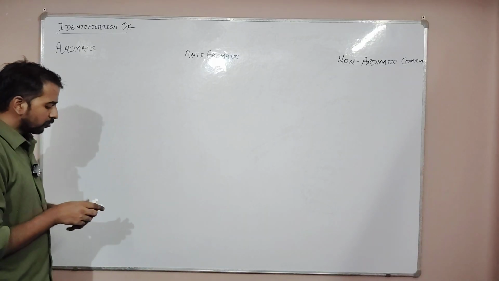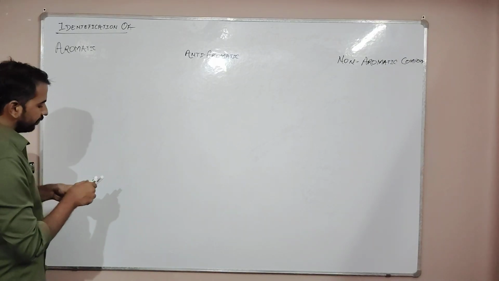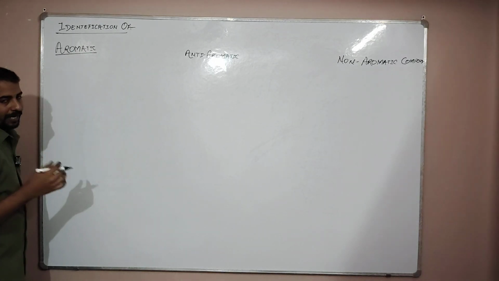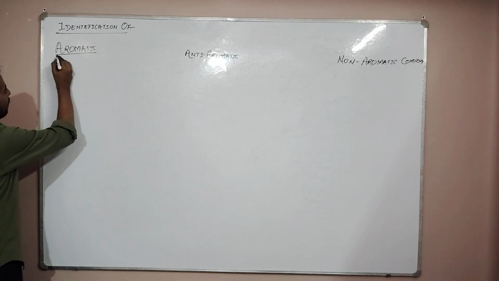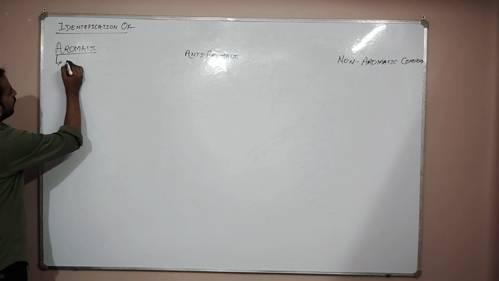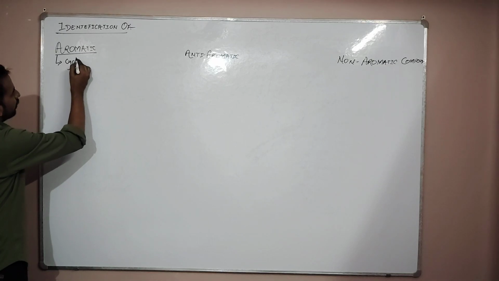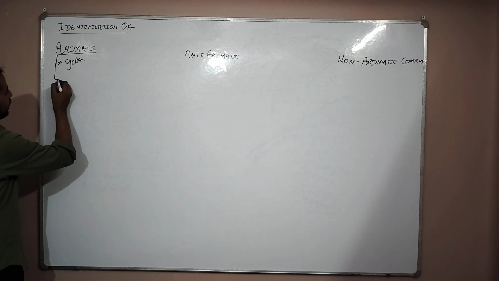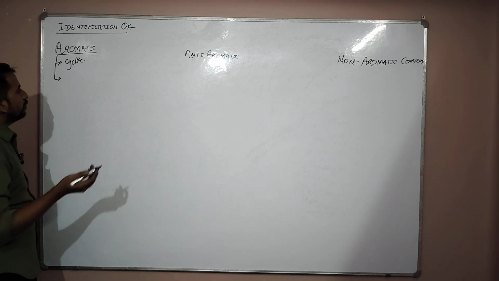Okay, so for aromatic, the first rule is that the compound should be cyclic. Second, the compound should be planar.